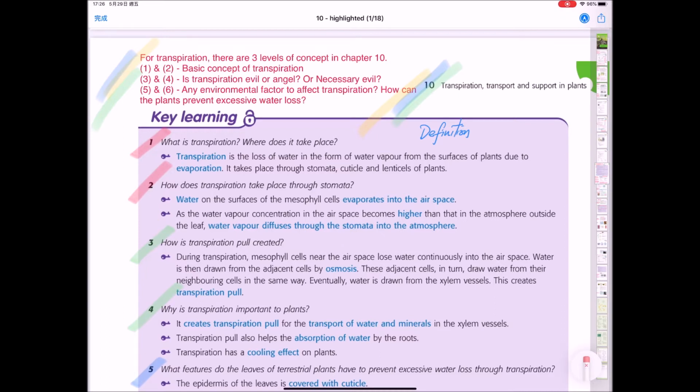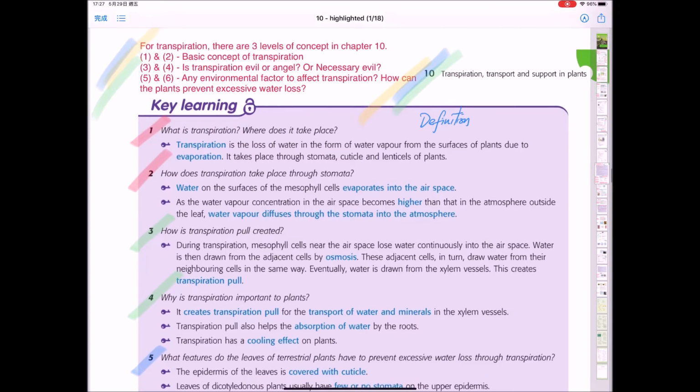For part 5 and part 6, it's talking about environmental factors that could affect the transpiration rate, and also how plants can survive in different environmental conditions.